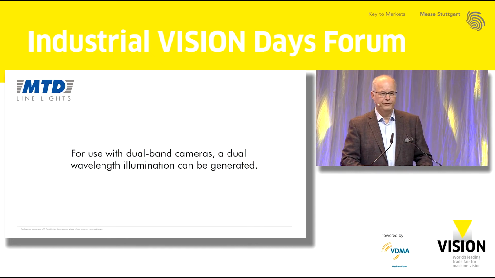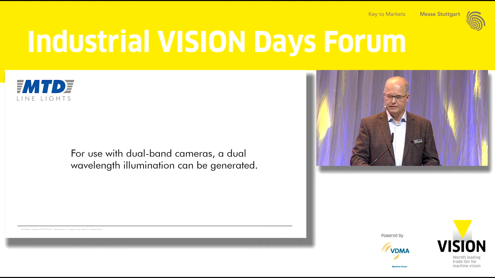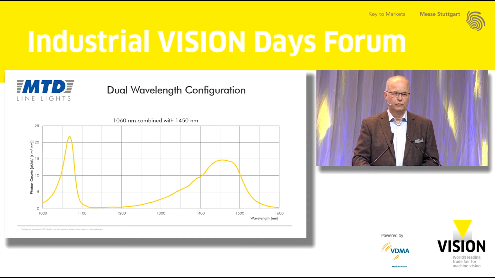For use with dual band cameras, a dual wavelength illumination can be generated. For example, we can combine, only via software, the 1060 with the water-sensitive 1450 nanometer.